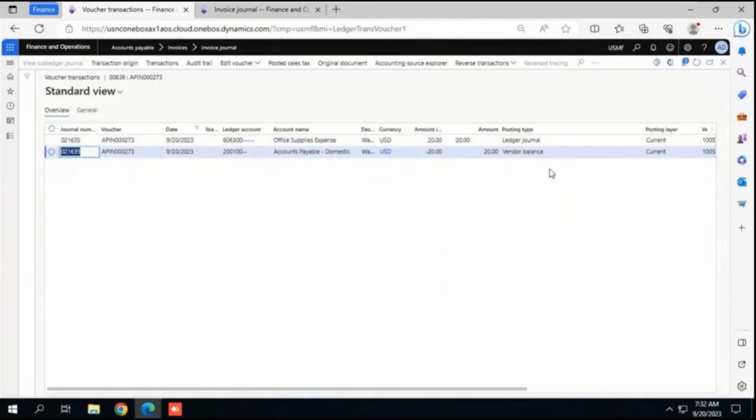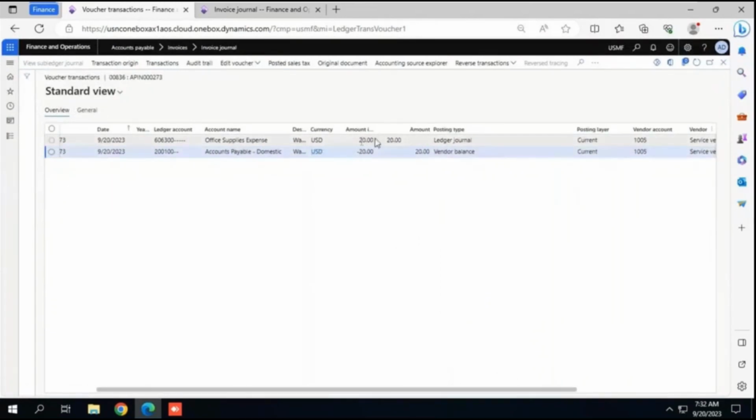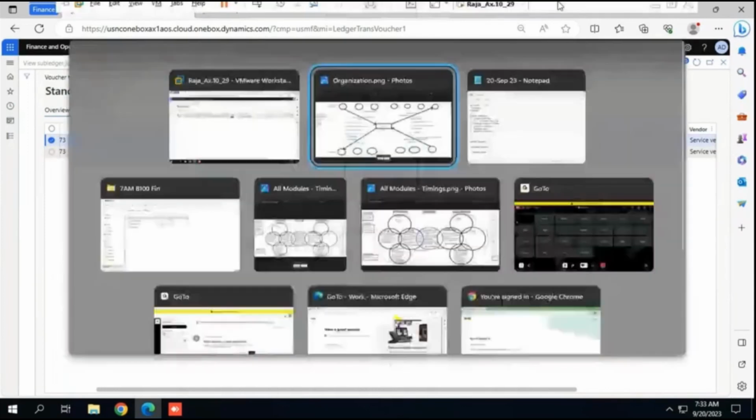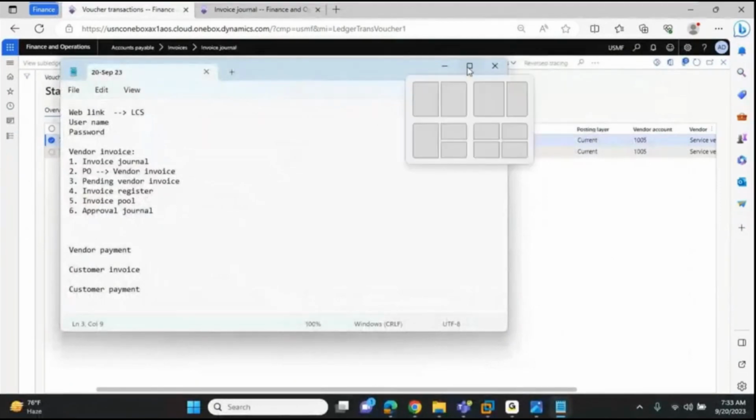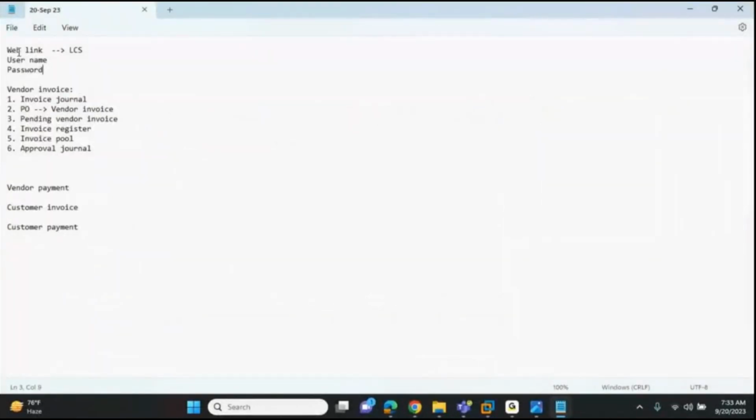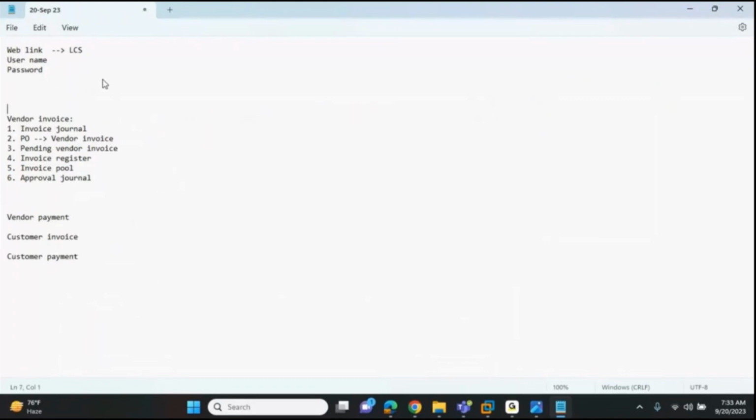So this is posted with credit. If you verify the voucher, it is expenses account debit to vendor account credit. $20 expenses and vendor credit.